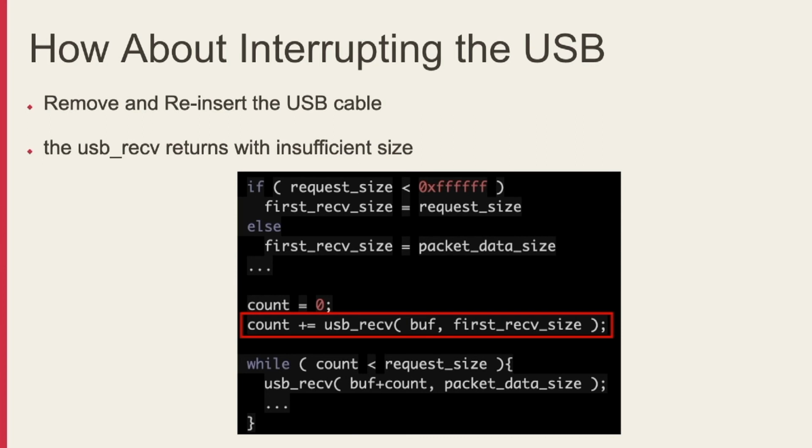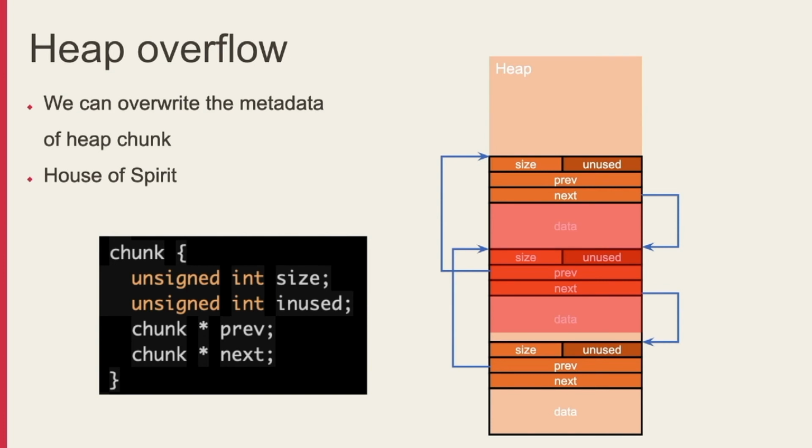This time, it's received with the size of packet data, allowing us to overflow the heap buffer. It turned into a heap overflow challenge. We use the traditional heap exploitation technique, House of Spirit, to achieve arbitrary code execution.